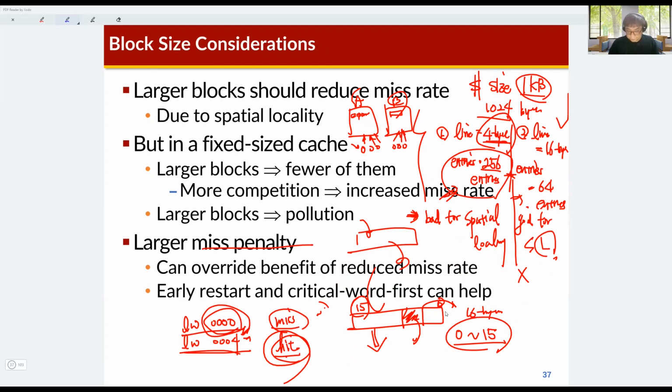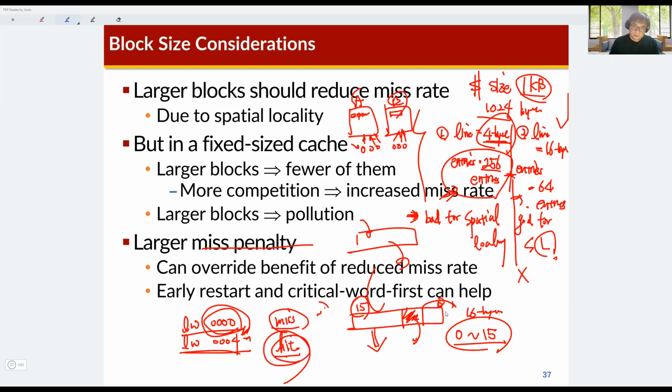Okay. And then we also discuss the effect of large block size. If we use a large block, then we can exploit the spatial locality of applications. That means one request is given to the cache, and if this request is missed, then the cache fills the entire block, that means the single block.